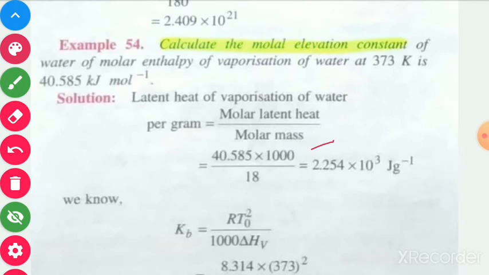Here the molar mass of water is 18. On solving, the latent heat of vaporization of water per gram will be equal to 2.254 into 10 power 3 joule per gram.